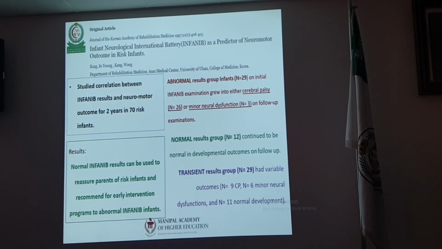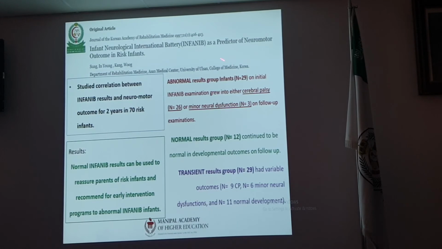Right. Now this is a Korean study, done on Korean children. What they did was analyze the infants at 2 years outcome, and what they found abnormal. Almost all initial infant examinations grew either into abnormal as cerebral palsy or minor neural dysfunction on follow-up.